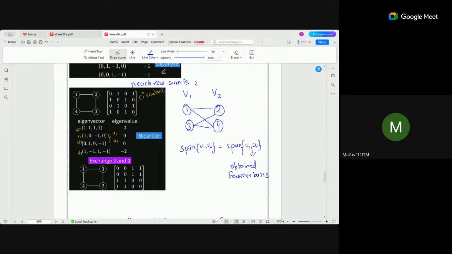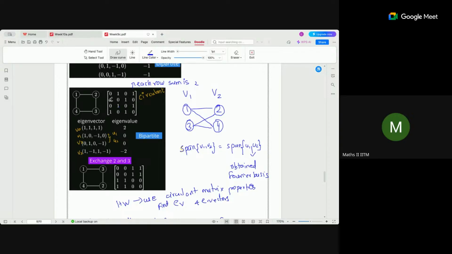So please do this homework: use circulant matrix properties to find eigenvalues and eigenvectors. For this problem, use circulant matrix properties to find eigenvalues and eigenvectors. You can notice that you will have a different set of vectors for these two, but you can also observe this property that the span of one set is the span of the other set. So it is fine if you are getting a different set of vectors as well.